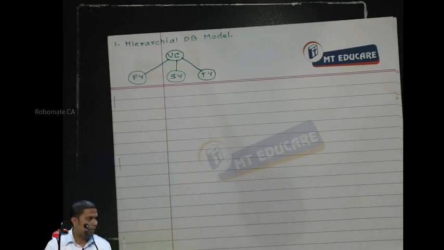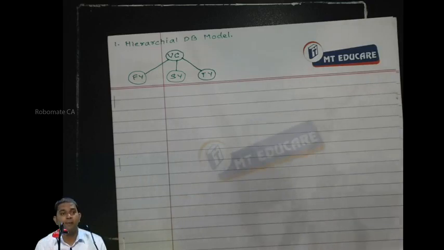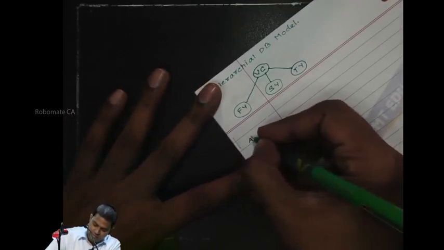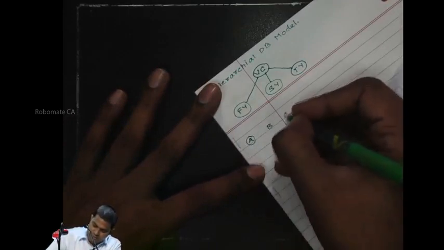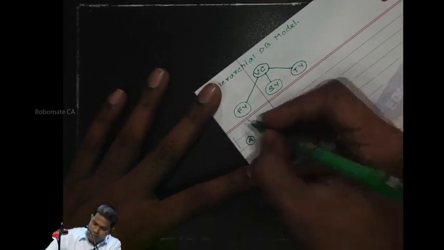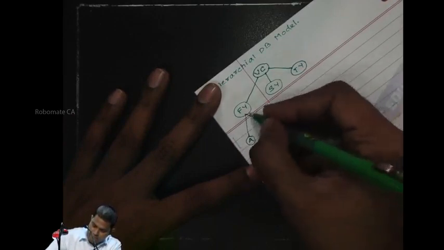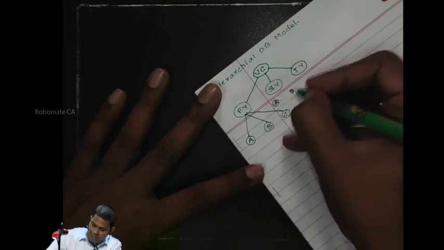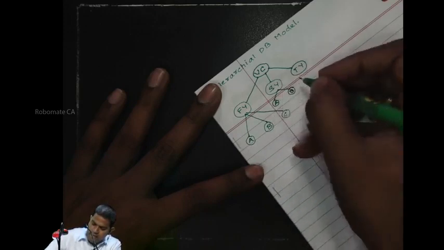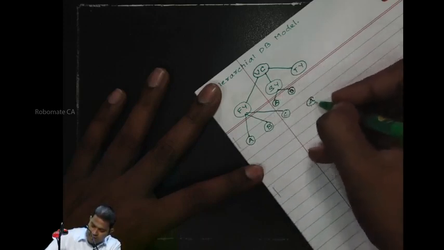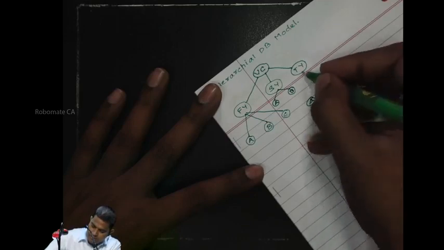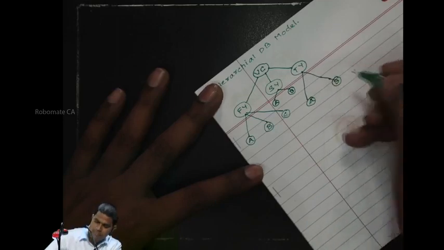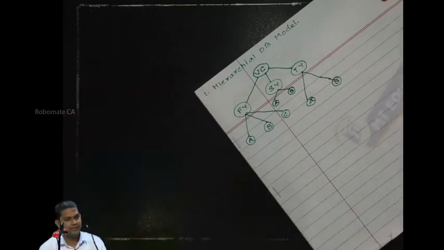In FY BCom, SY BCom, TY BCom, there might be divisions. Like in FY BCom, there is division A, B and C. In SY BCom, there might be division A and division B. In TY BCom, there might be division A and division B. Are you getting this?